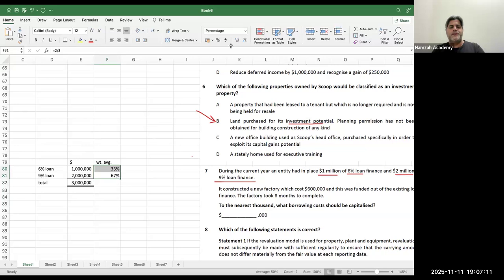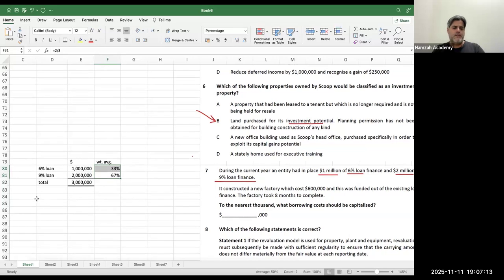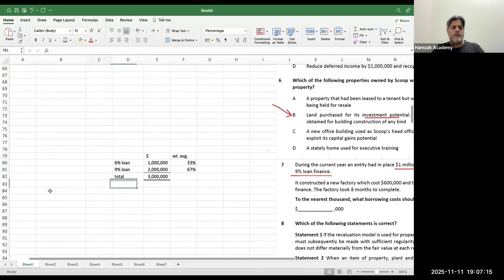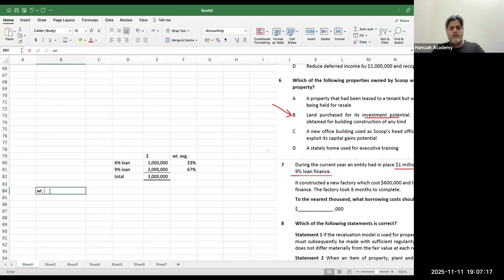In terms of percentage, this is 33 and this is 67. So we are now going to have the weighted average of loan interest, which is going to be 0.33 into 0.06 plus 0.67 into 0.09.